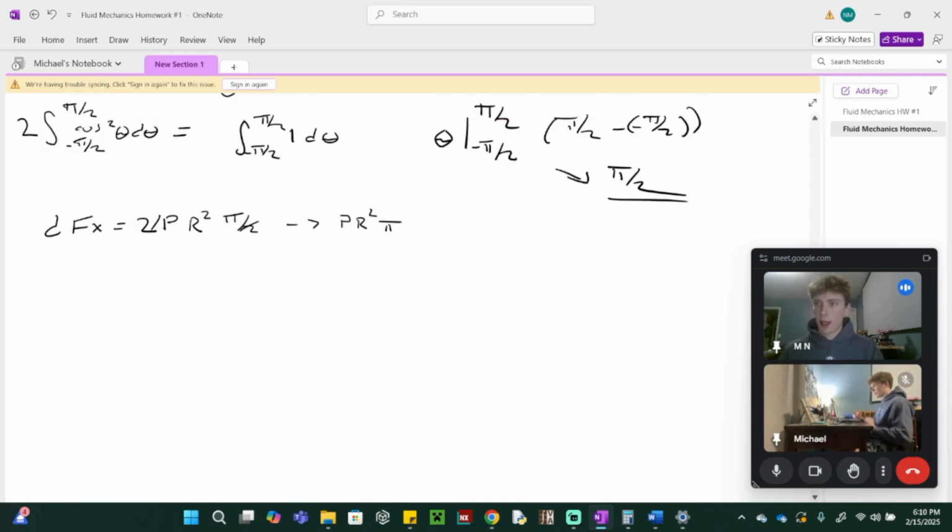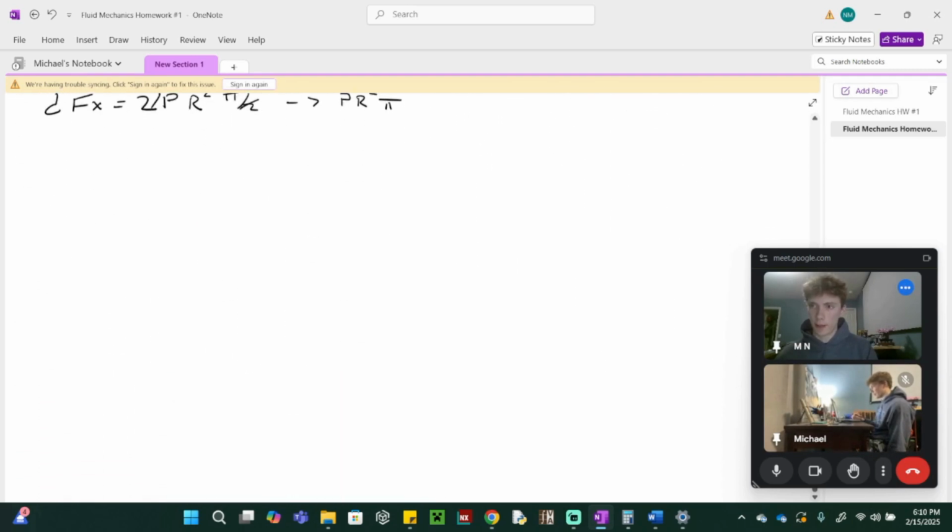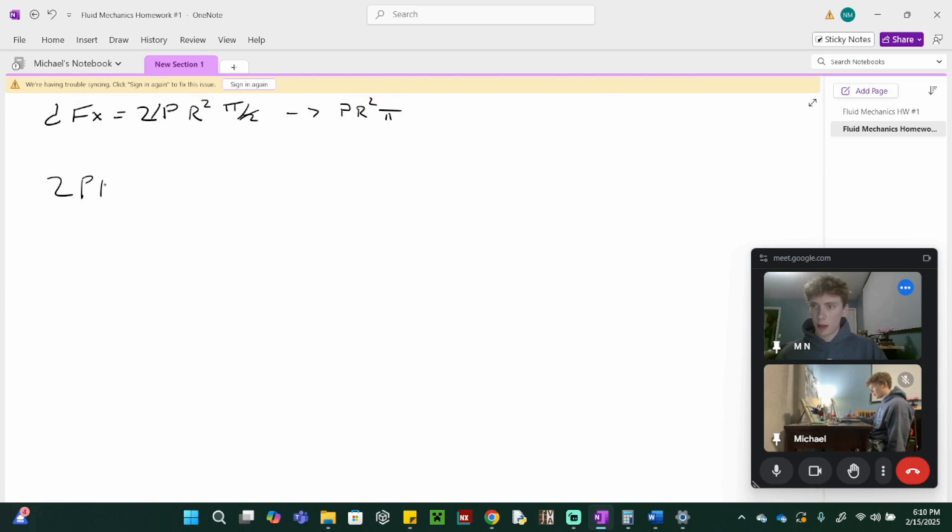And now we can compare that to our original force, which was 2 pi r t sigma. So 2 pi r t sigma equals p r squared pi.